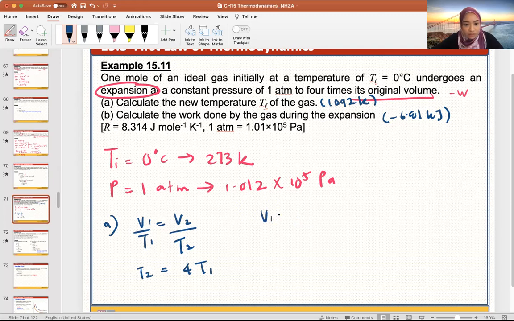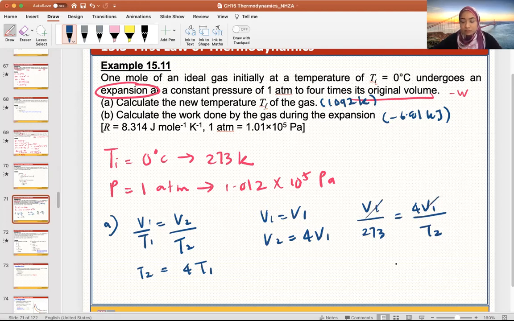So bila kita nak masuk dalam equation, it becomes V1 over T1, which is 273, equal to V2, which is 4 V1, over T2. V1 cancels out and we have T2 as 273 times 4, which is right apa yang Fakri buat tu. Okay, so dapatlah 1092.